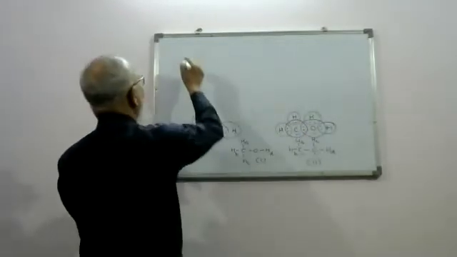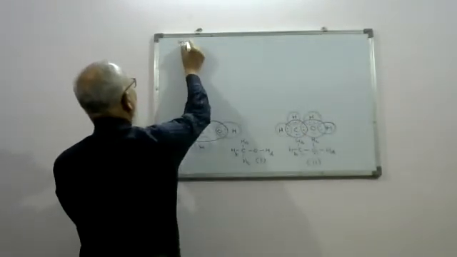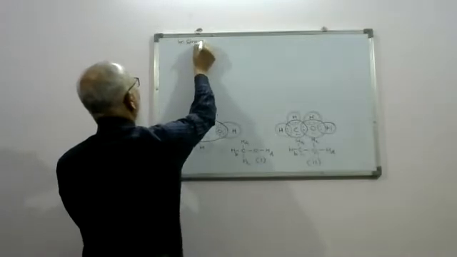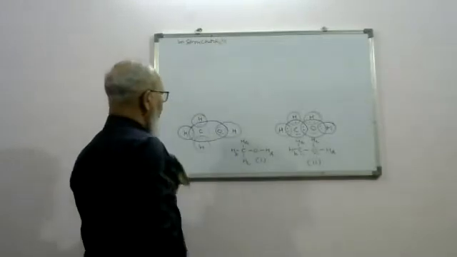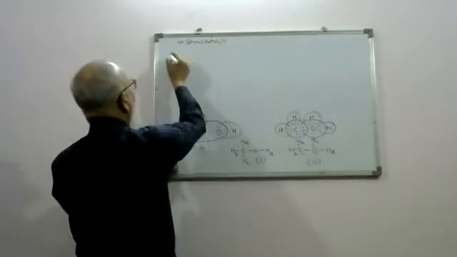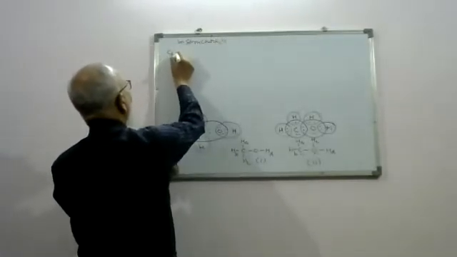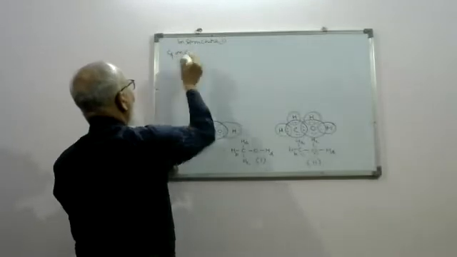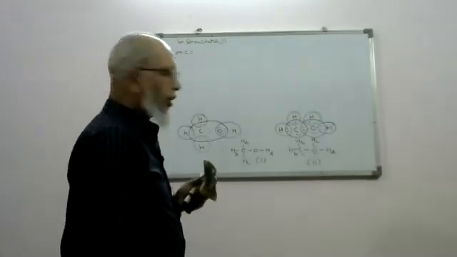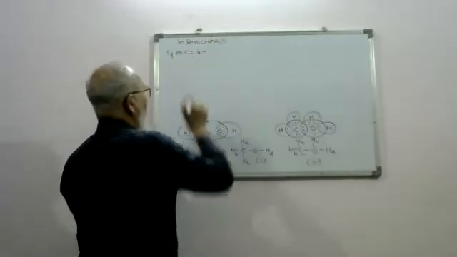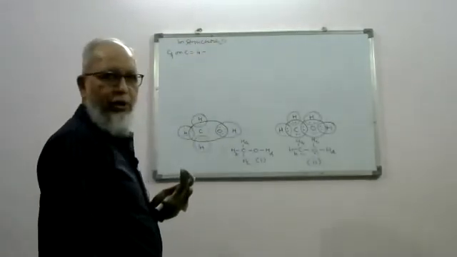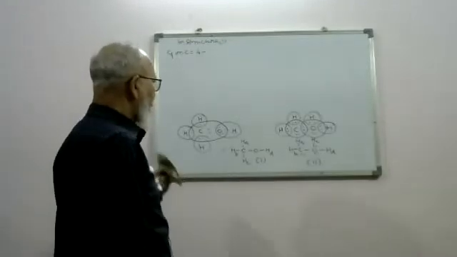In structure first, CF on carbon is equal to number of valence electrons in carbon, which is 4, minus total number of unshared electrons 0, minus 1 by 2 into total number of shared electrons.